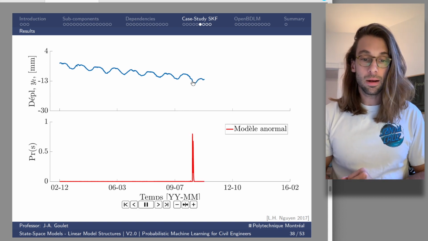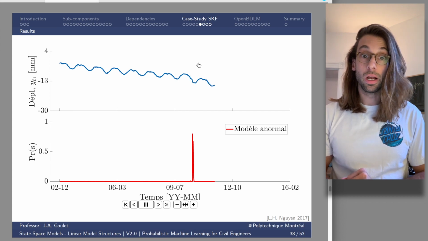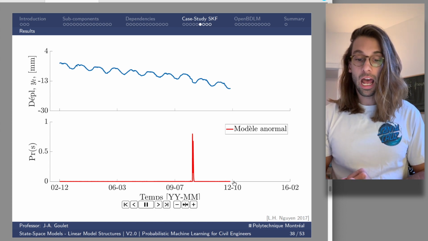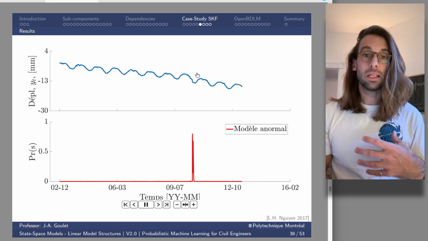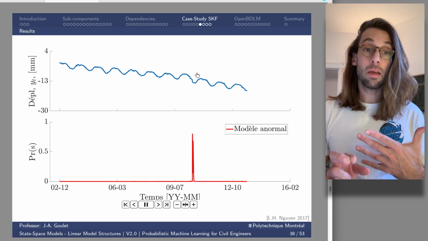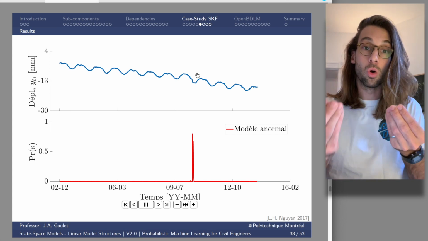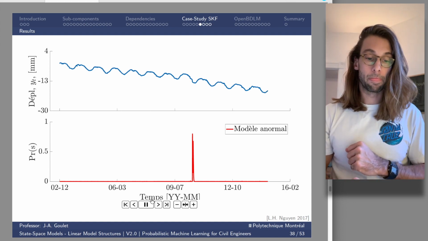Here it detects, as the data was received, that there was something going on. And then it switched back, the probability of my abnormal model goes back to 0, and I have a 0 speed model again. This is how it can detect anomalies in real time, so changes between a normal and an abnormal regime as data is collected.